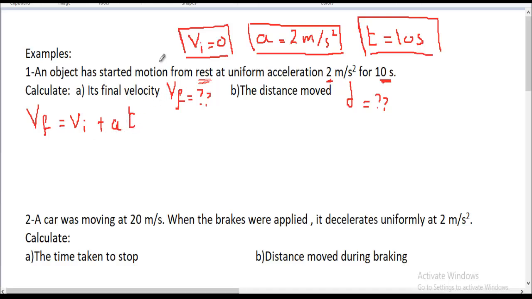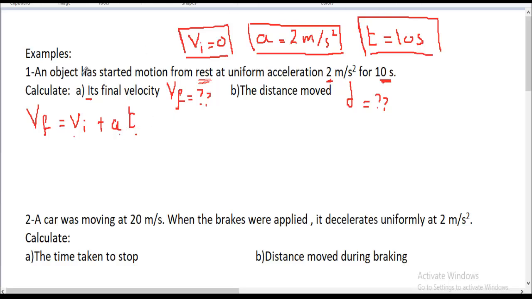So as we determined, the givens are Vi, acceleration, and time. You can use this equation to get the first unknown, which is Vf.